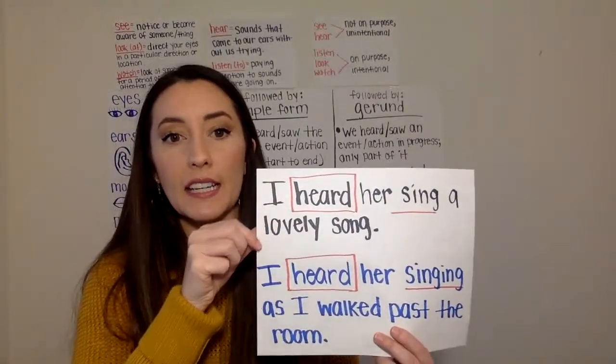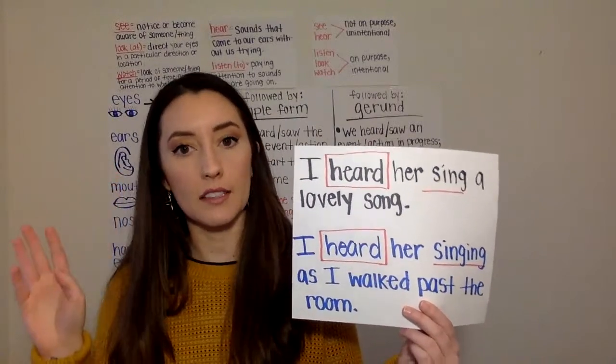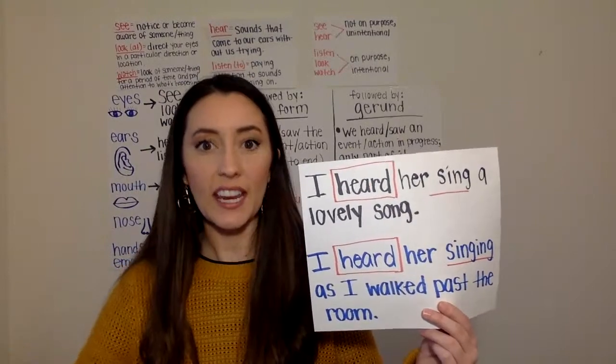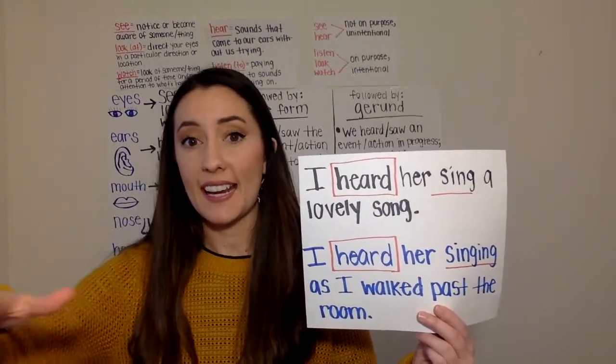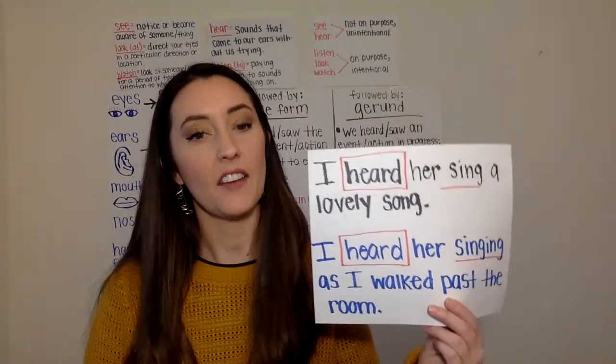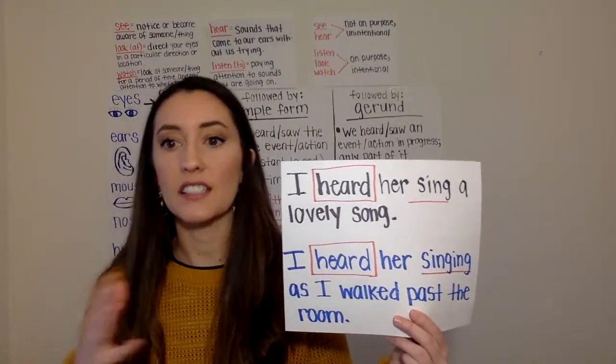I heard her sing a lovely song. This means I sat down, she came into the room, she sang the entire song, and then she left and I left. I was there for the entire thing, from the beginning of the song until the end.